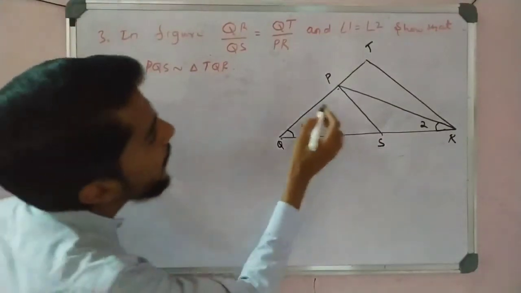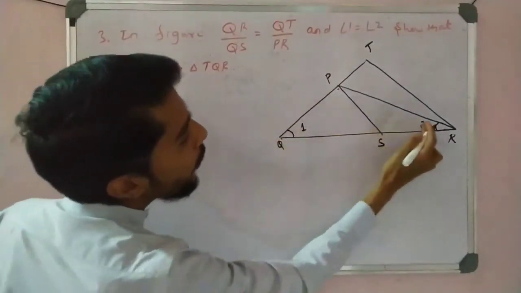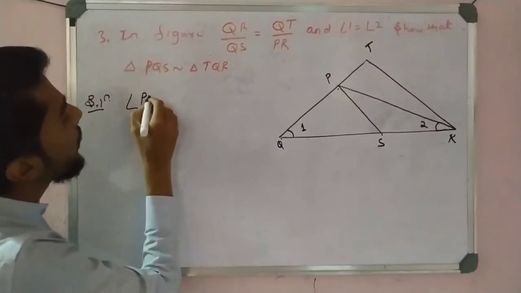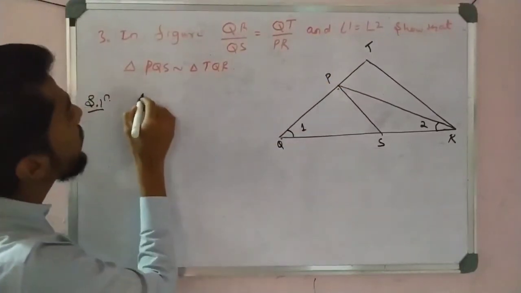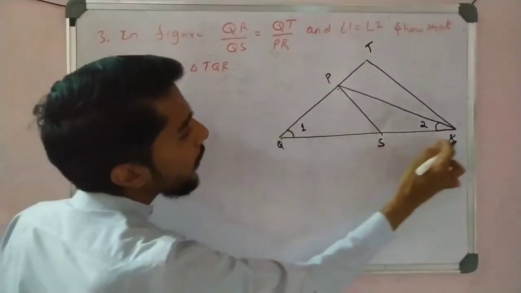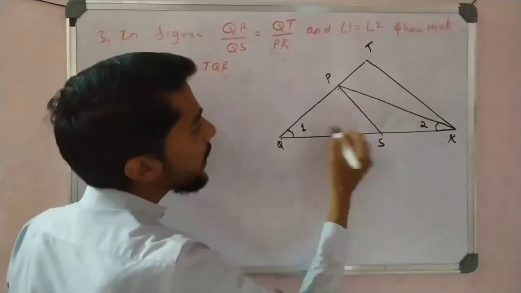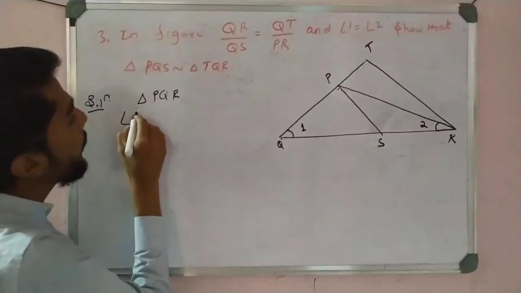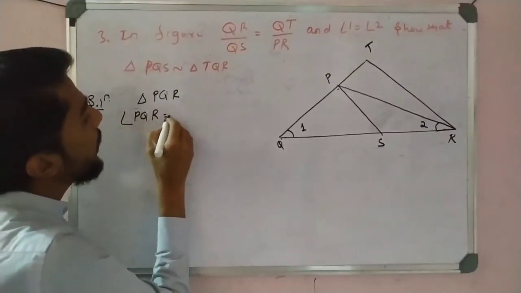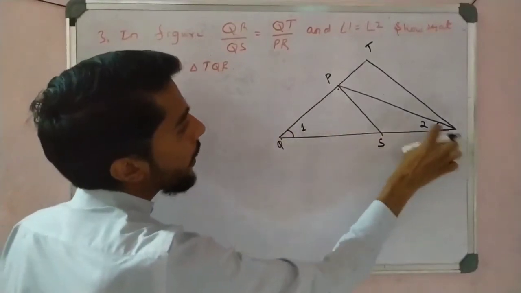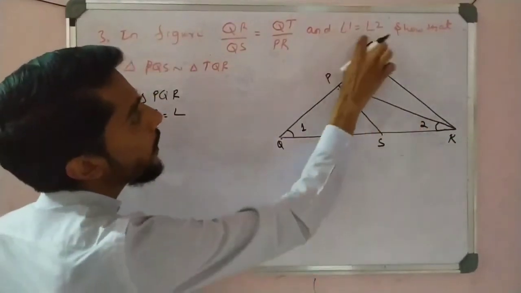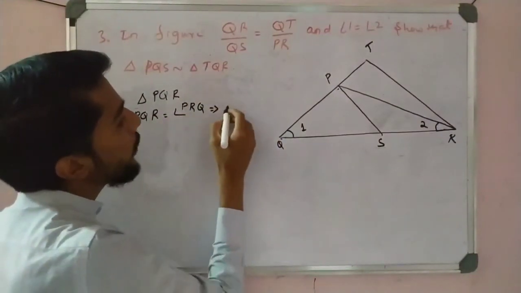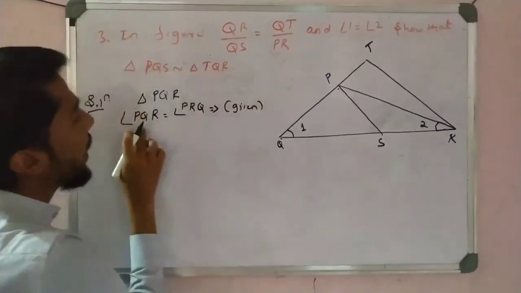First, given angle 1 equal to angle 2. Consider triangle PQR, having these two angles. We observe that angle PQR is equal to angle PRQ, both equal because given: angle 1 equal to angle 2.